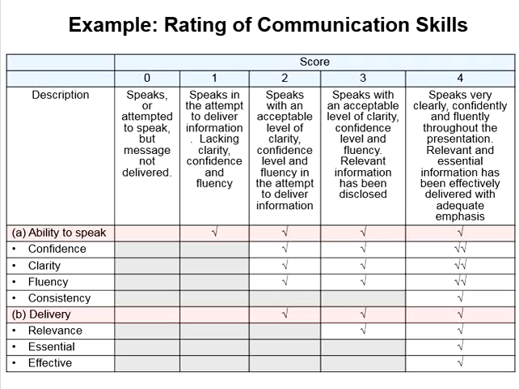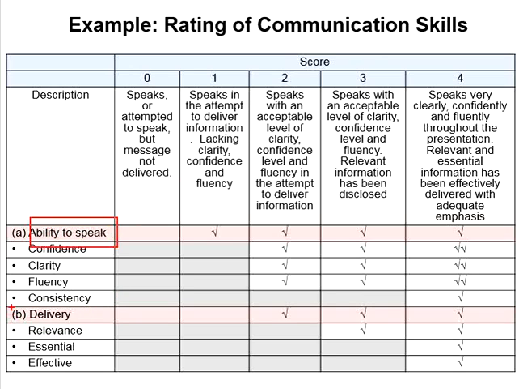In my personal opinion, communication should constitute two main components. First, the ability of the students to speak. Second, the information and the message should be delivered to the audience.